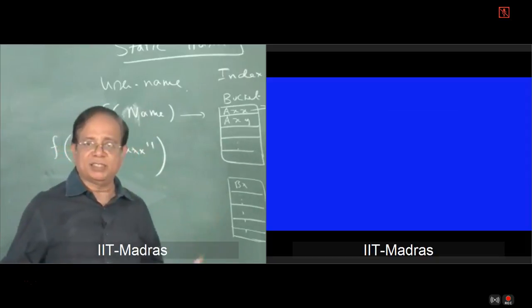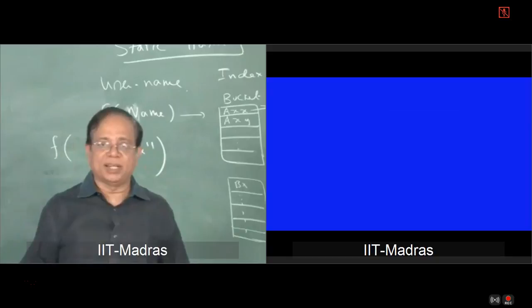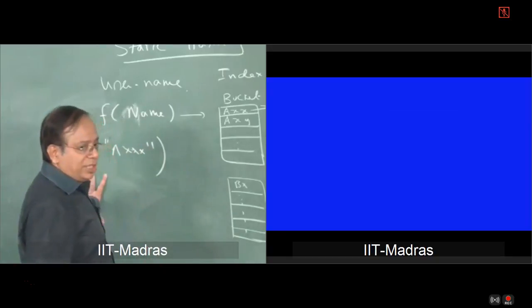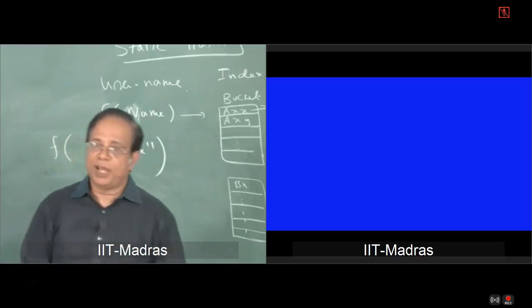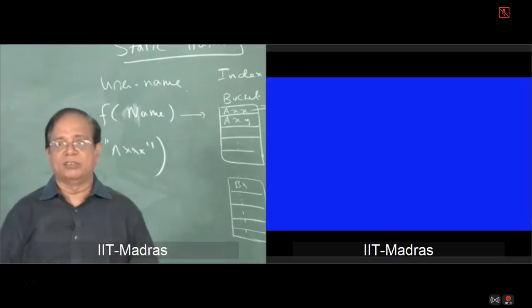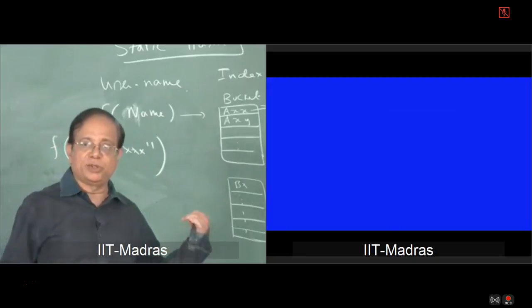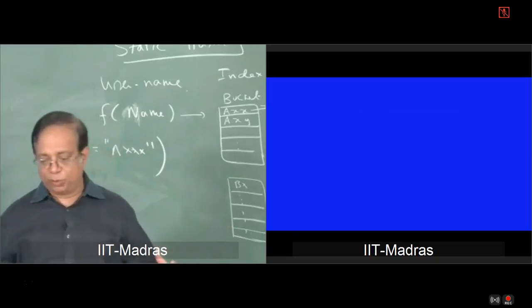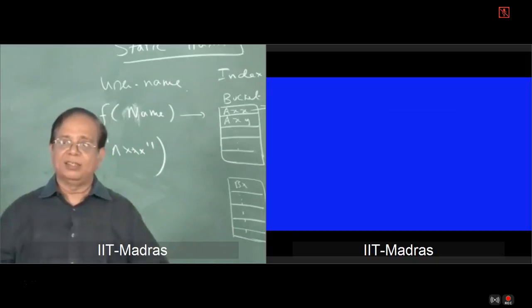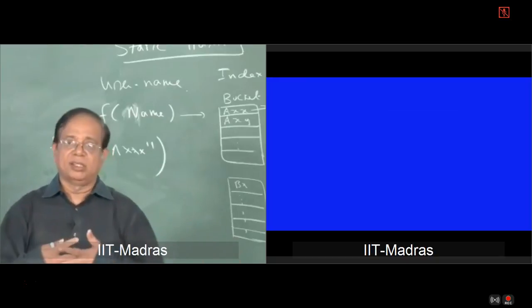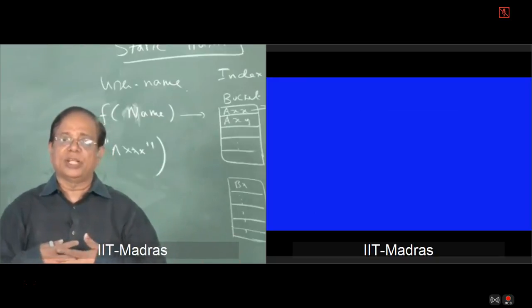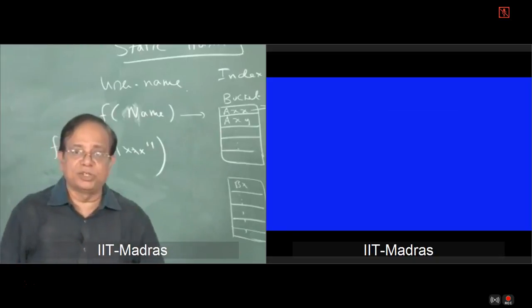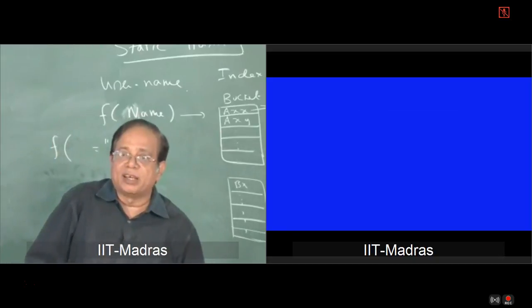But if you are doing equality search, in fact even equi-joins, hashing is the best way to implement that operator, because all that you have to do is, given one table, go into the other table and get the record matching the value. You want to join two tables matching those values. So when you are doing the equi-join, hashing is a very good indexing technique.